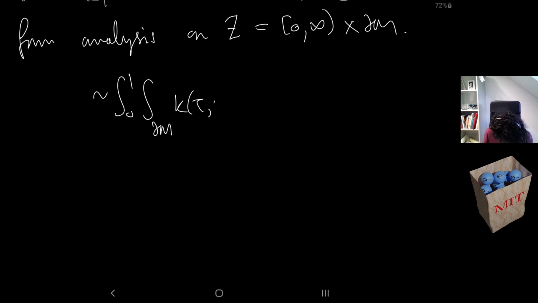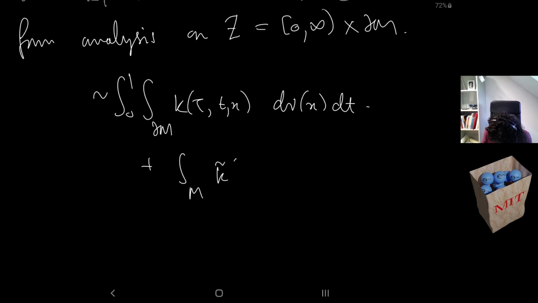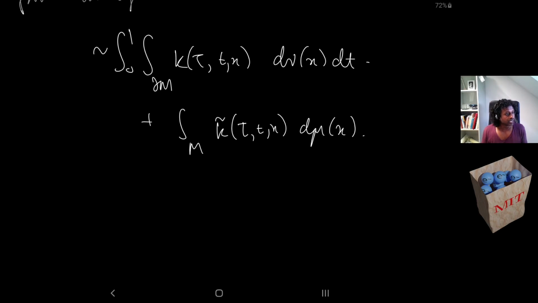So we can get rid of the eta, so this is d mu x dt, plus now on M we have the K tilde tau t x d mu x. Sorry, this is not tau x, this is y.